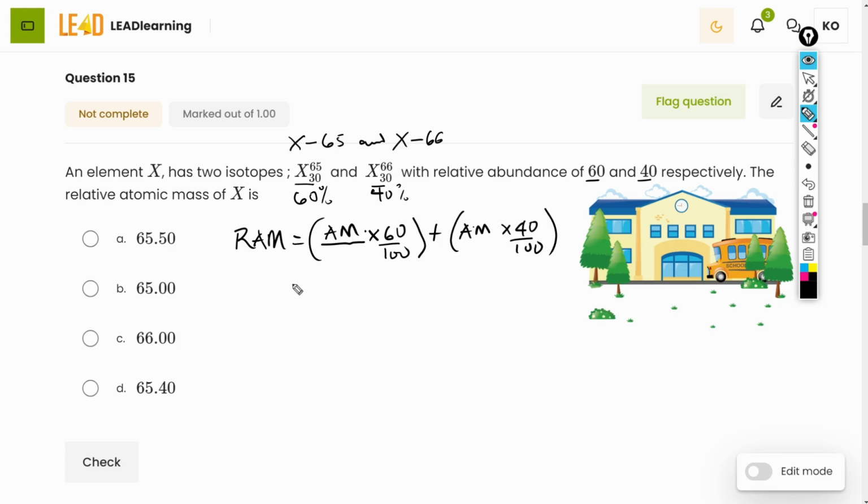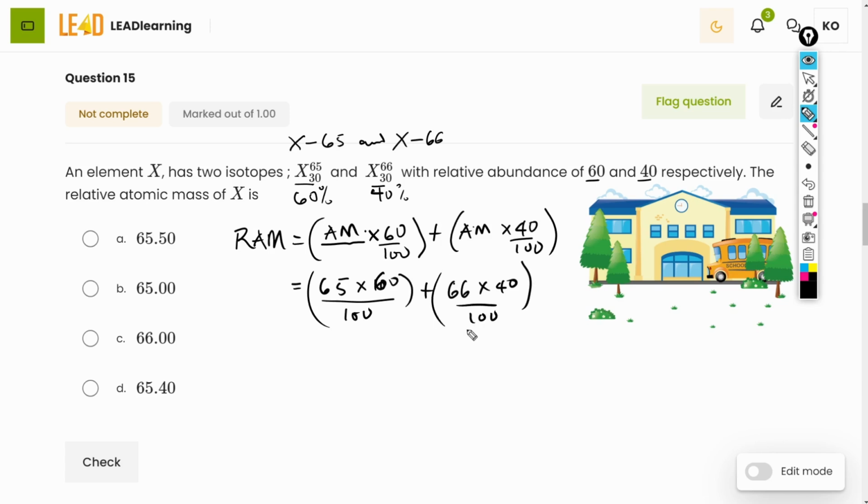So now let's plug these values in. For the first one, it's 65. So we have 65 times 60 divided by 100 plus 66 times 40 divided by 100.